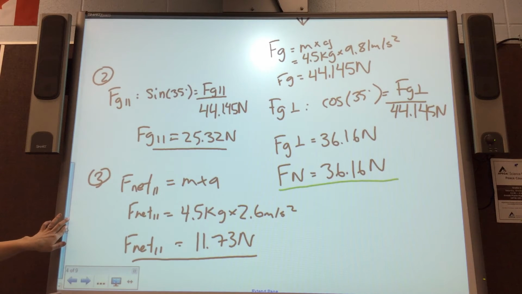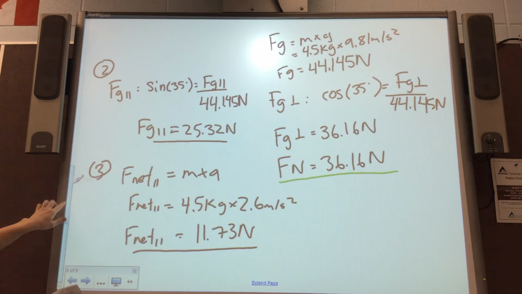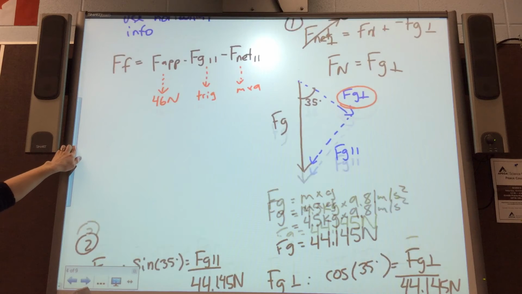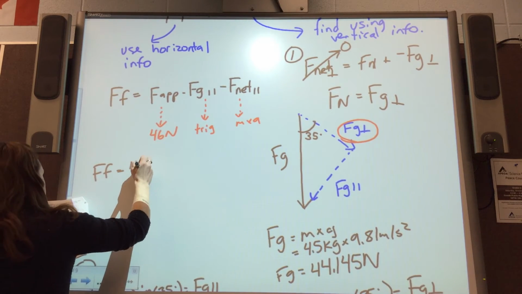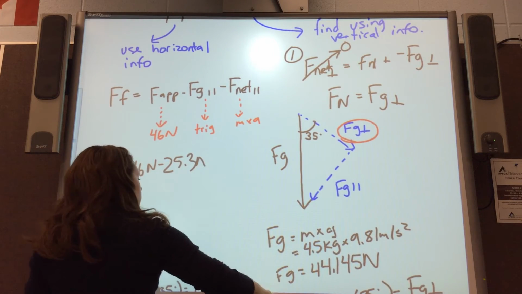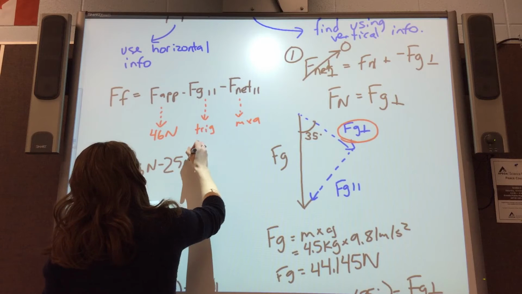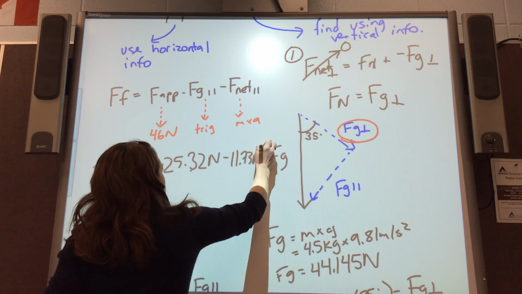So now, using that information, I can find my Ff. Great, finally. So Ff is equal to 46 newtons minus 25.32 newtons minus 11.73 newtons.